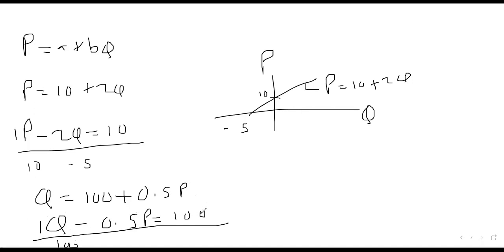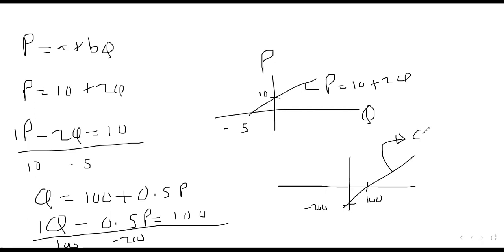Negative 0.5 into 100, it is negative 200. So here, it will go upwards there. On the P, it will be negative 200. On the Q, it will cut at 100. This is still a supply function, which will be written as Q is equal to 100 plus 0.5P.